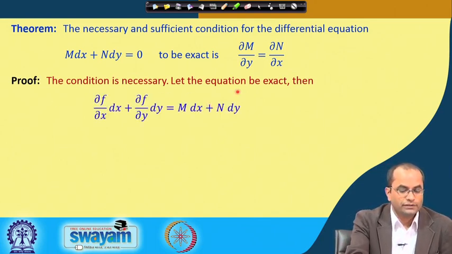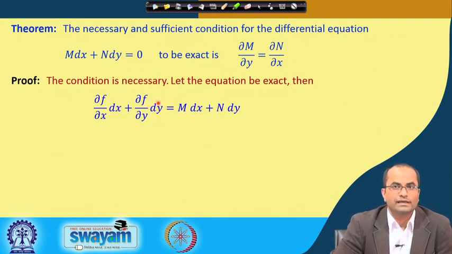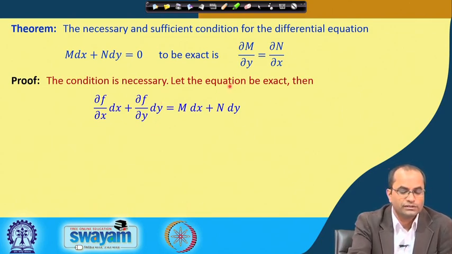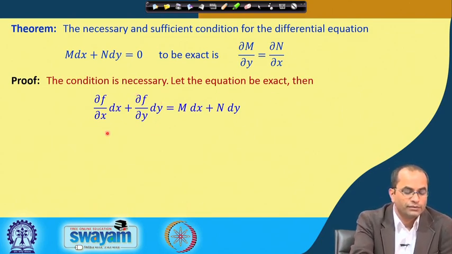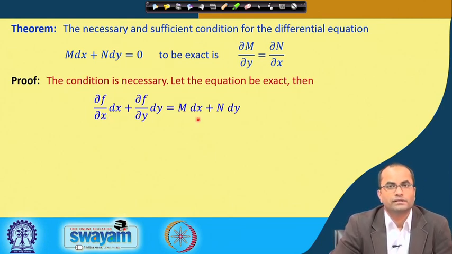If this equation is exact, then we will have a function f of two variables whose differential will be M dx plus N dy as per the definition of the exact differential equation. So, we must have del f over del x times dx plus del f over del y times dy equal to the given differential equation.